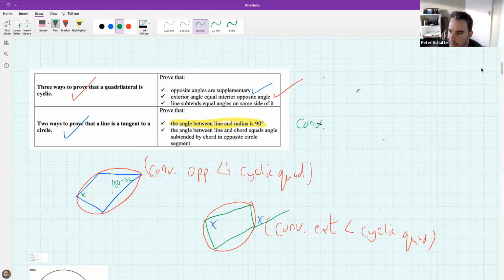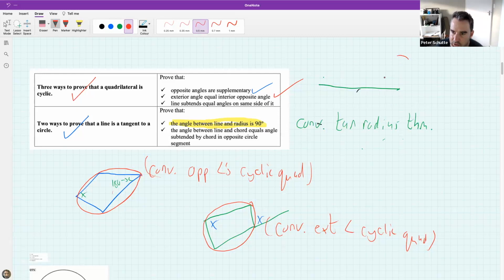Put your answer in the chat or let me know. It's going to be converse tan radius theorem. Yes, converse tan radius.